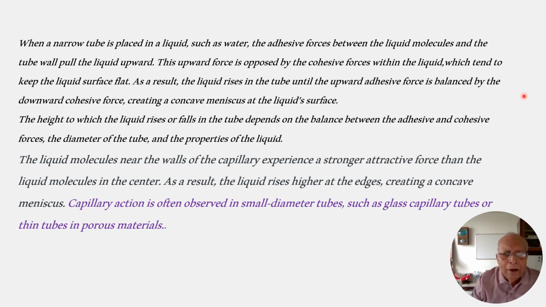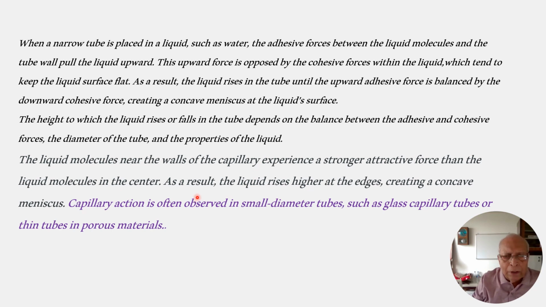But due to strong adhesive forces, the liquid rises to a certain height, forming a concave meniscus at the liquid surface. The height to which the liquid would rise or fall depends upon the balance between adhesive and cohesive forces, the diameter of the tube, and also the properties of the liquid.